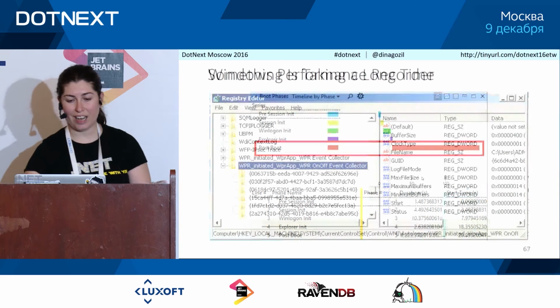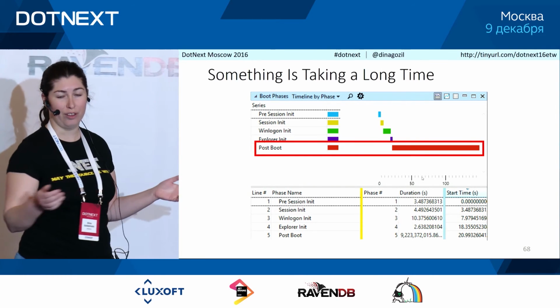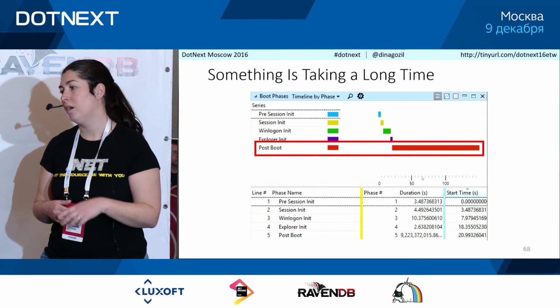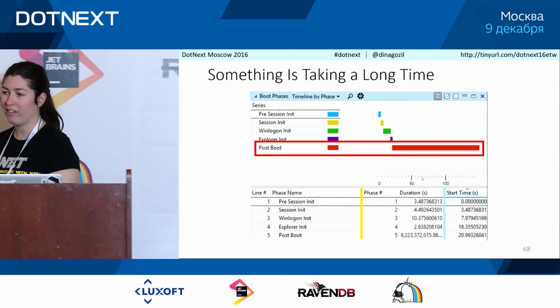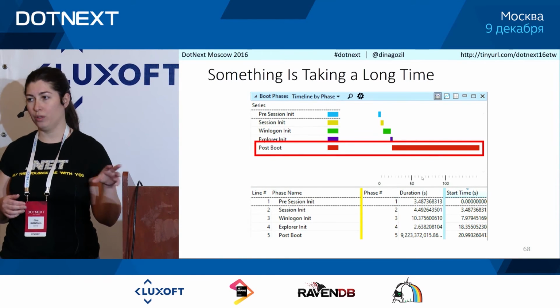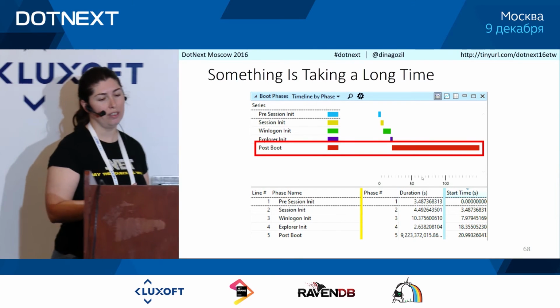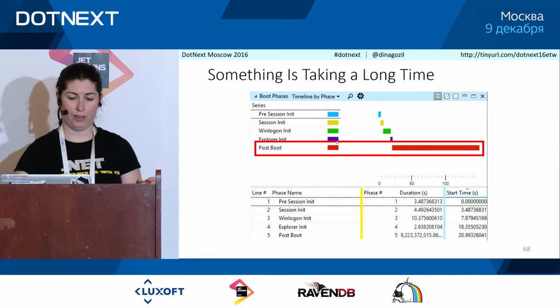And this time, I opened the file not in my favorite PerfView, but in WPA. And in WPA, there's a very nice predefined view for the case of boot, which shows us something which is called boot phases.